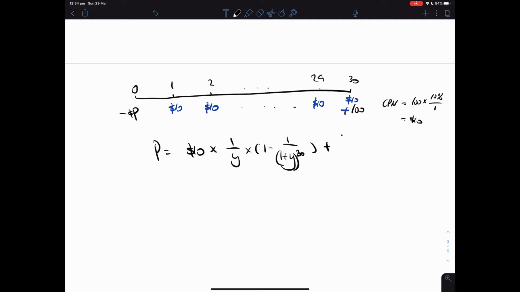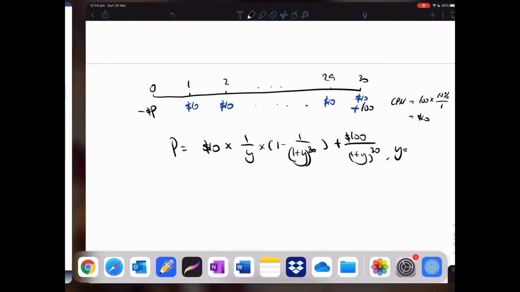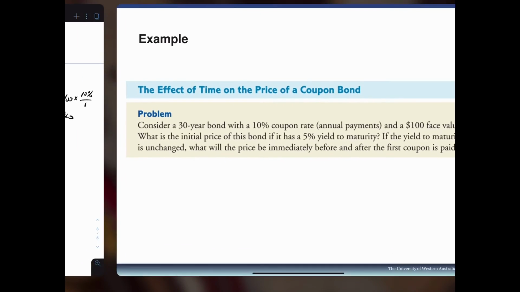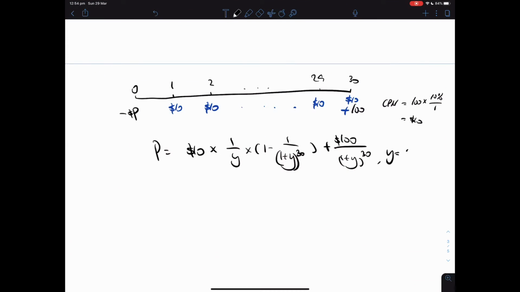And the yield to maturity here, as the question gave us, is 5%. You can just plug it in and solve it, and the answer is 176.86.